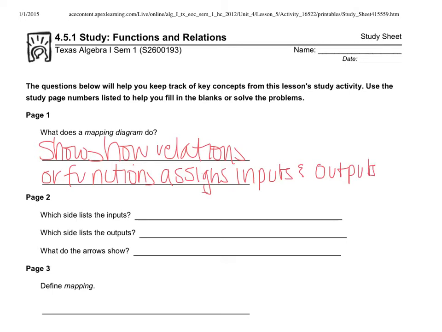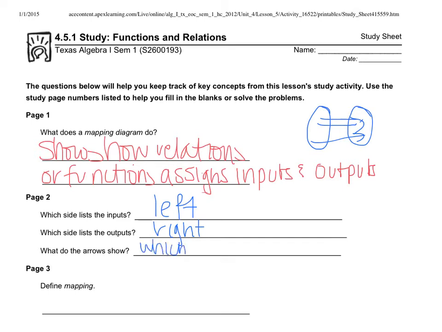You've probably seen mappings before. They're always two circles with arrows going in between them. That's what a mapping looks like. So the left side always lists the inputs, and the right side always lists the outputs, and the arrows show which outputs connect to which inputs.